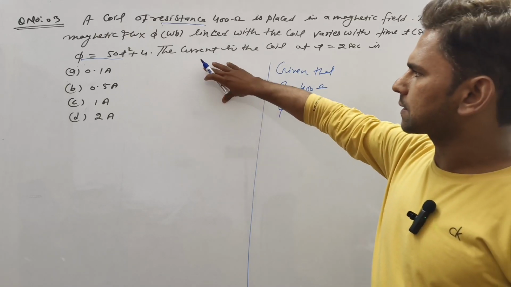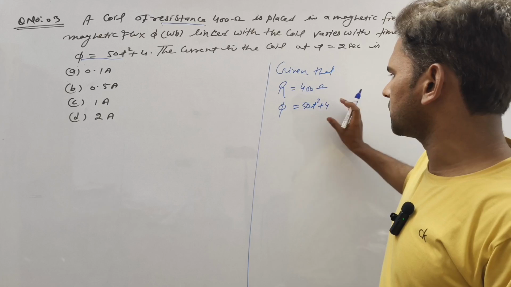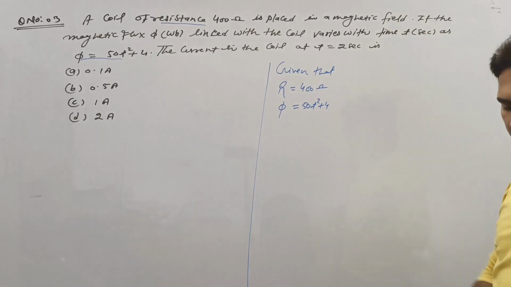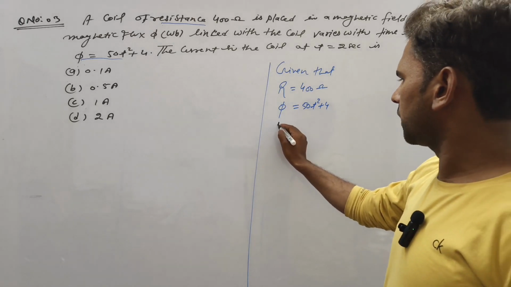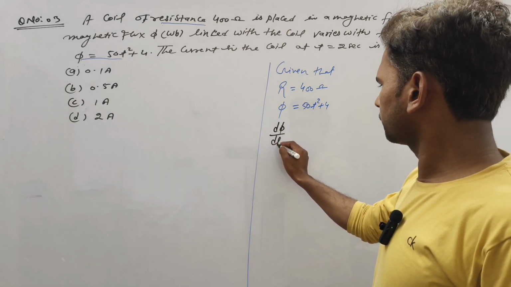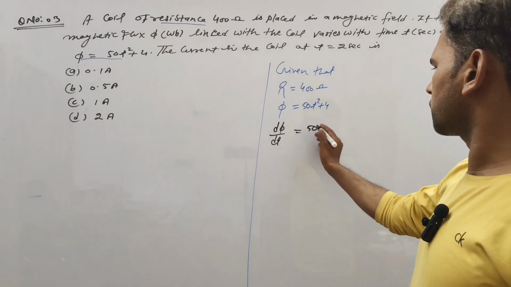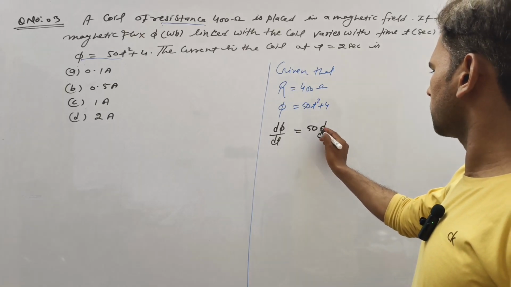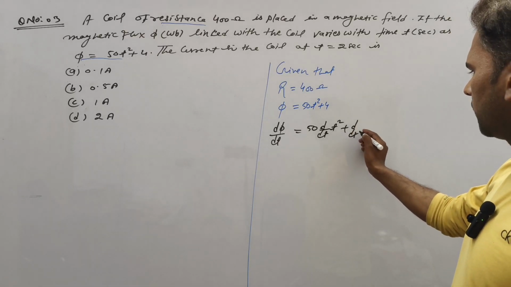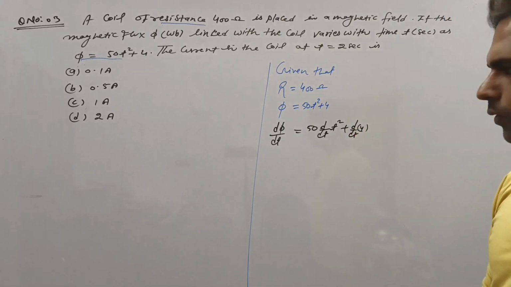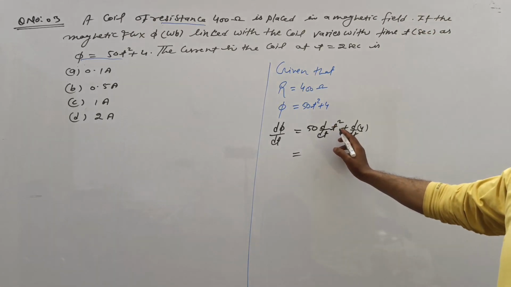You know very well they are asking for current. So how will you get current? When you make a change in magnetic flux. So you can find the change in magnetic flux with respect to time. Now you can just differentiate this equation with respect to time. So d by dt of 4 also. Now you know very well how you can find d by dt of t square.